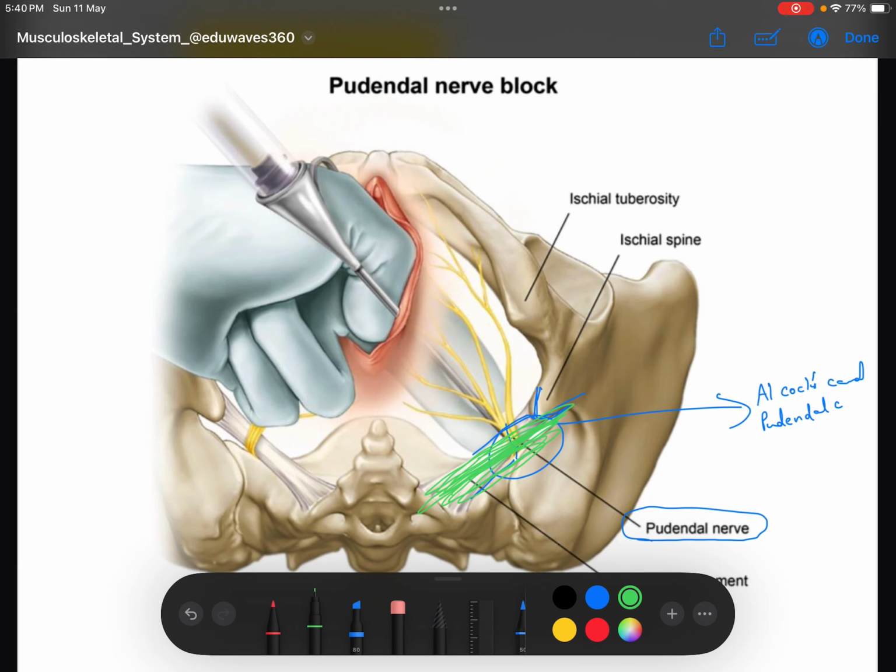Here one small nerve is very important, so I am going to give one recap: S2, S3, S4 is the origin. The mnemonic is: the pudendal nerve keeps poop and pee off the floor. The pudendal nerve block landmark is the ischial spine. If injured, we can see perineal numbness, incontinence and defecation problems.